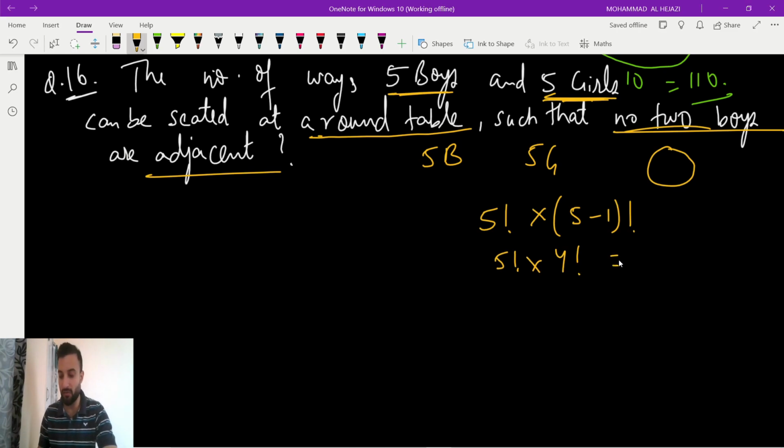So 5 factorial is 120, and 120 into 4 factorial, which is 24, you will get the answer 2880. That's it.